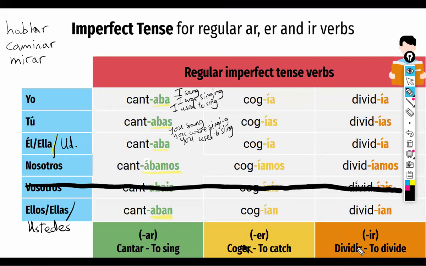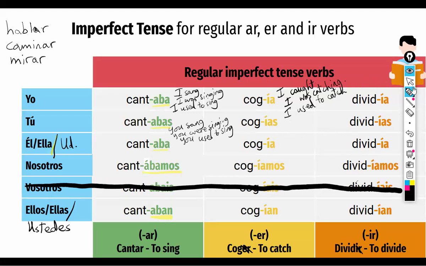For dividir, we take off the IR. So cogía, I caught. I was catching. I was catching the bus when the rain started to fall. I used to catch. I used to catch every cricket ball that came my way.